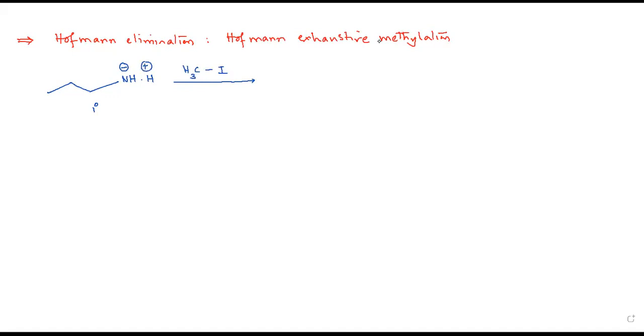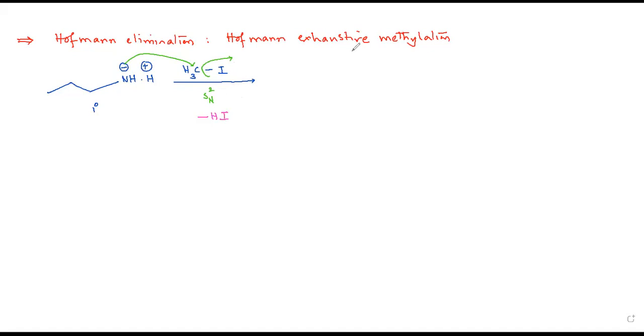Now, see this NH minus attacks this carbon from the backside. Whenever I say backside, I hope you can recall that it is SN2 mechanism. So here, the thing that gets eliminated is HI. You got H plus, and this iodine is going off with the bonded pair.